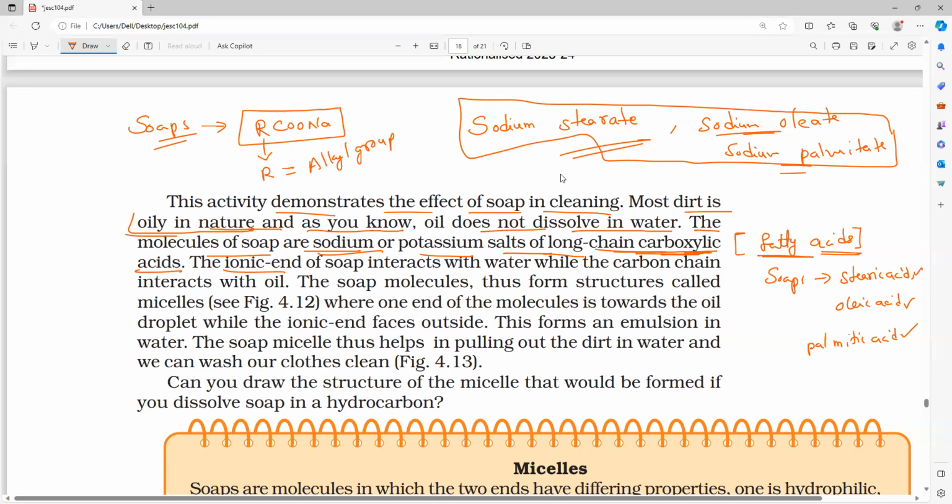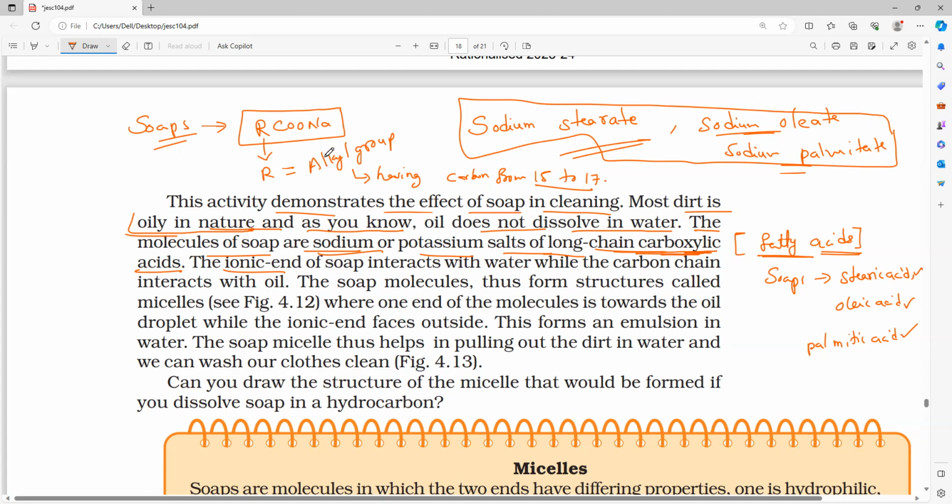An alkyl group whose carbon number varies from 15 to 17. Very, very important point. So carbon number varies from where to where, everybody? 15 to 17. Understand? So that is the general structure of soap.